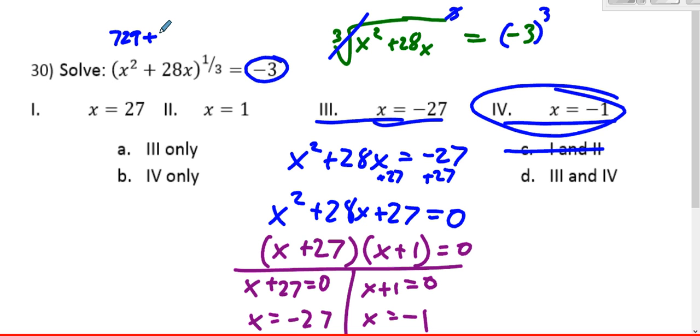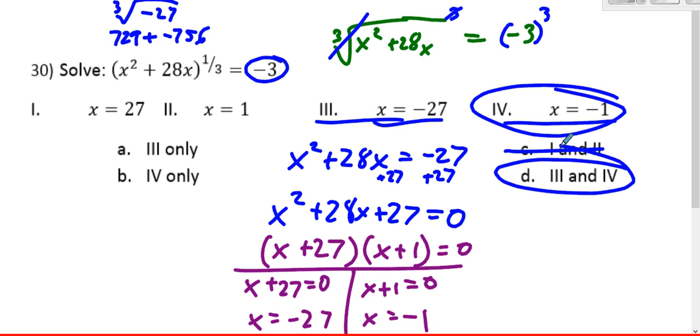And then 28 times negative 27. So 729 minus 756 is negative 27. Inside the cube root, that one worked out. It's both of them.